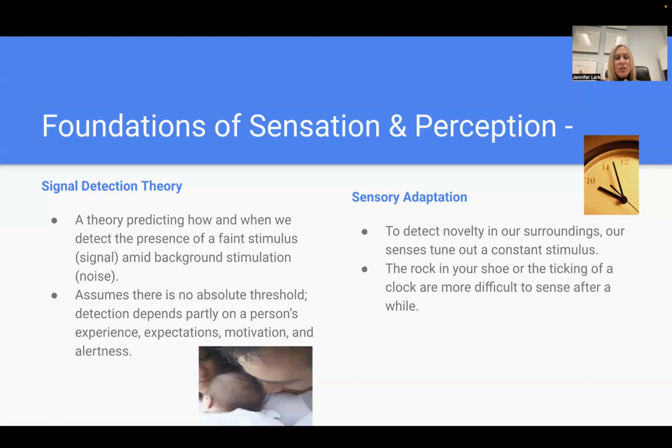And so signal detection theory would actually probably put forth the idea that, well, technically, there isn't an absolute threshold that's the same in all circumstances for an individual, because what a person pays attention to or perceives also depends on the other types of things that are going on in their environment, their experiences, their expectation, their motivation, their alertness.